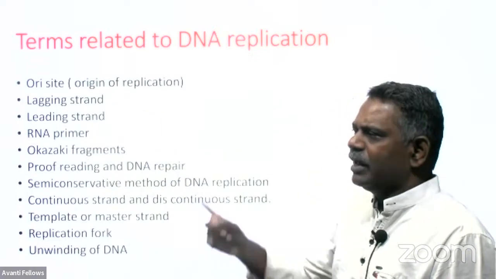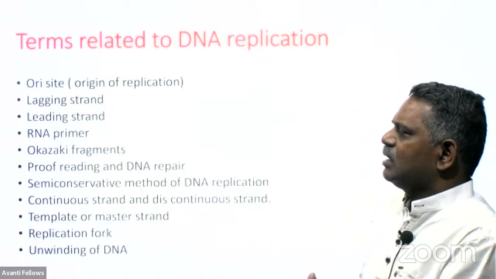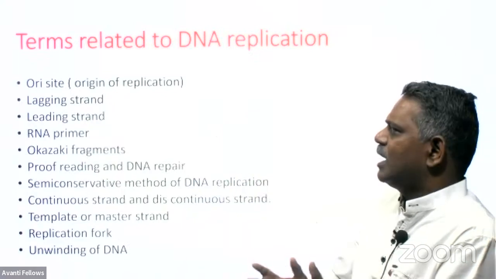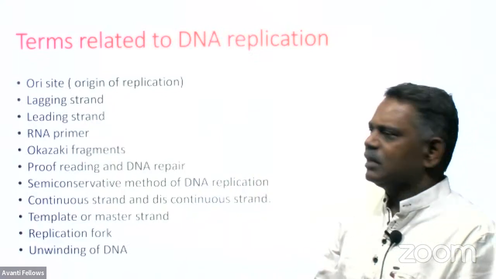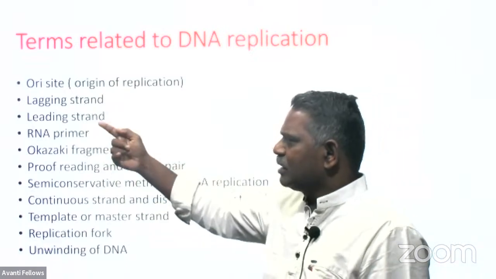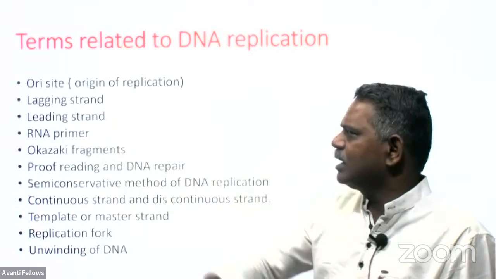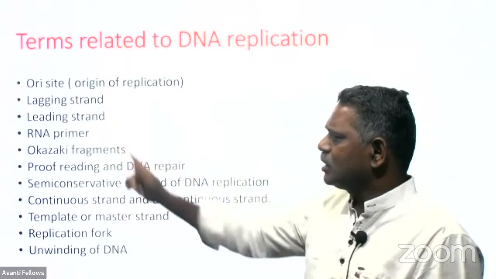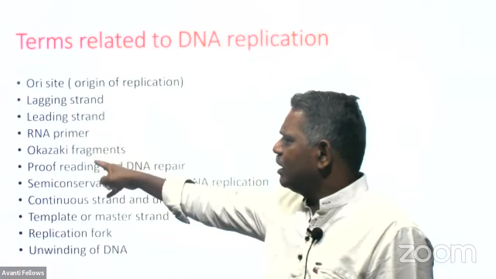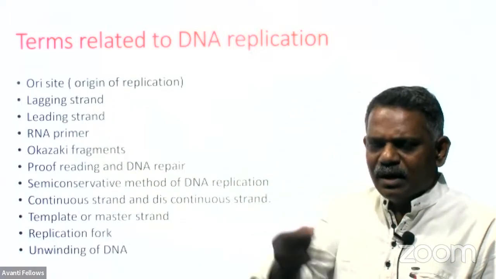After the separation of the DNA, the lagging strand is the 5' 3' strand only, and the leading strand is the 3' 5' strand. RNA primer is the small fragment of RNA from which the DNA polymerase elongates from the 5' to 3' direction. Then Okazaki fragments are the small fragments produced on the side.